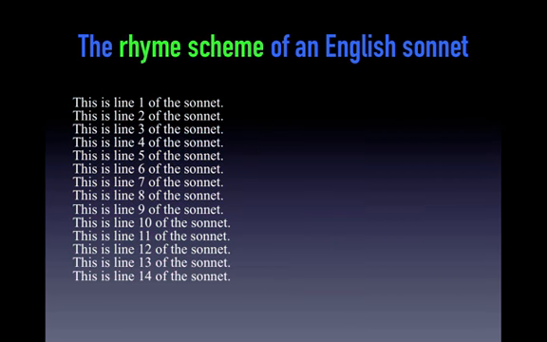As you will be relieved to hear, I am sure, there is but one rhyme scheme for the English sonnet. Here it is. A, B, A, B, C, D, C, D, E, F, E, F, G, G.